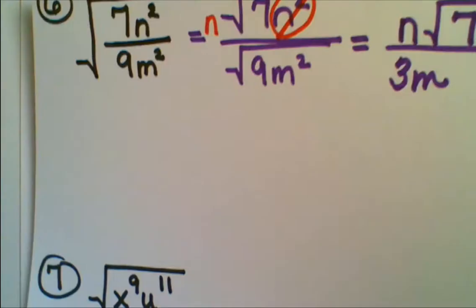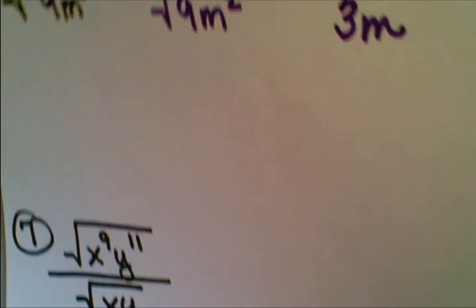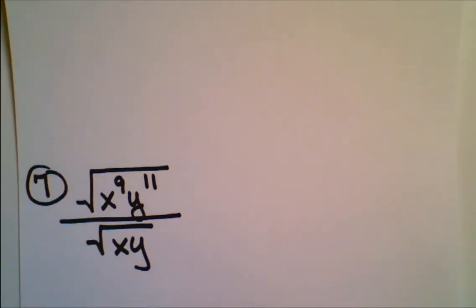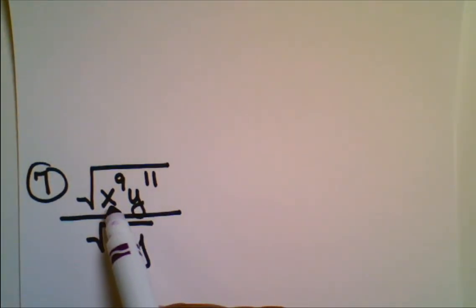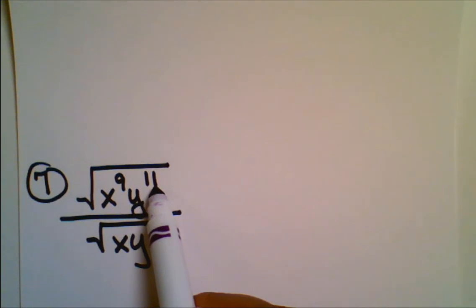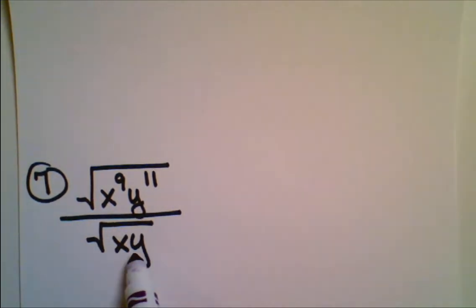Number 7, we have the square root of x to the ninth, y to the 11th, all over the square root of xy. So this particular example is already written as two separate radicals, but there's really nothing that we can do at this point.